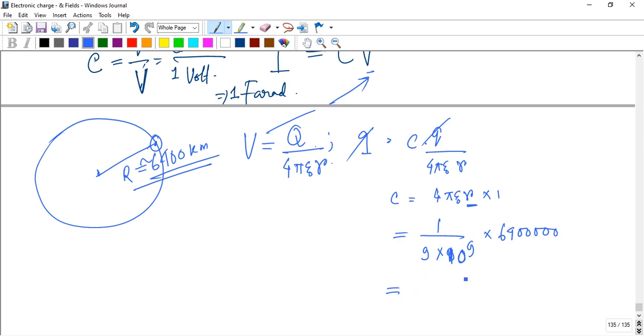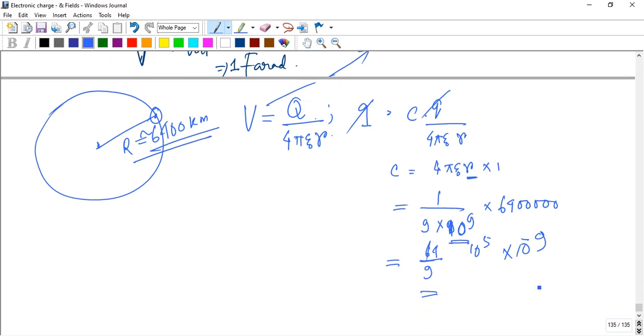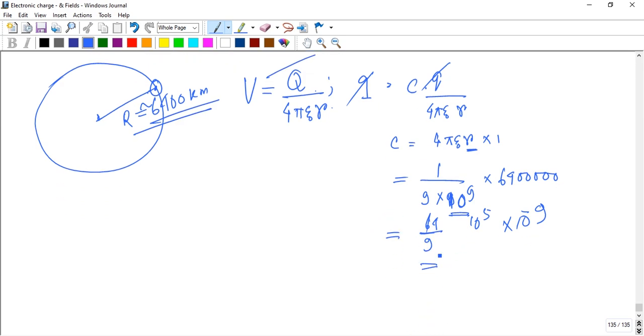So we get 64 over 9, times 10 to the power 5 into 10 to the power minus 9. So 64 over 9 we get 7 point something, approximate value of 7.1 into 10 to the power minus 4 farad.